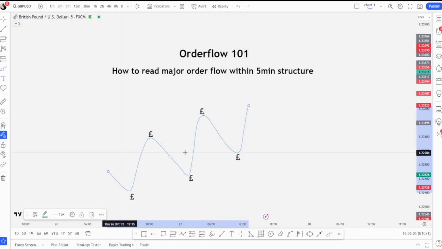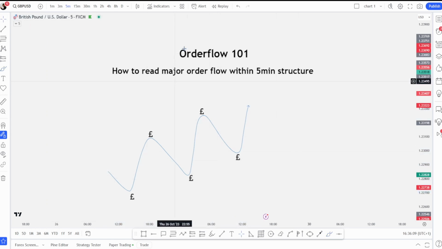Many of you will look at this and immediately say, well, that's a trend, and that's exactly what it is. Order flow is a smaller time frame trend or a larger time frame trend. It all depends on your point of observation, but we're talking about the 5-minute here, so in this case it is a representation of the smaller time frame trend.